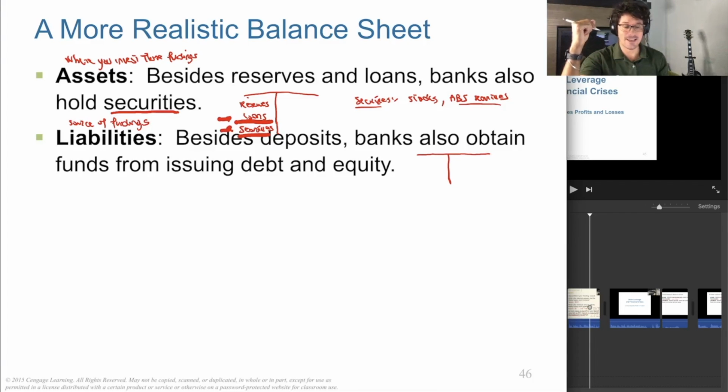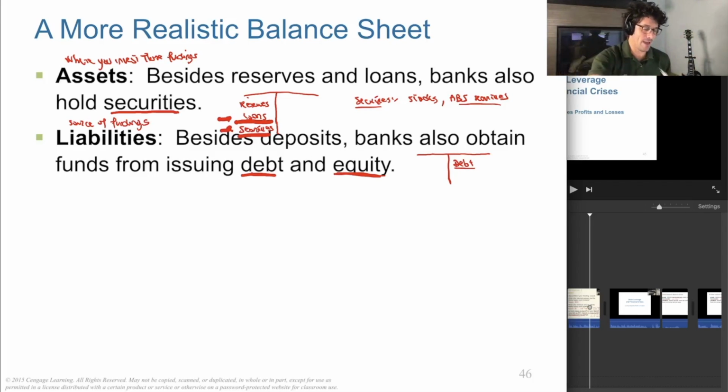Now, in general, normal firms, besides the banks, raise their funds by issuing debt or by issuing equity. Now, debt, we can put it here, are promises of repaying back.